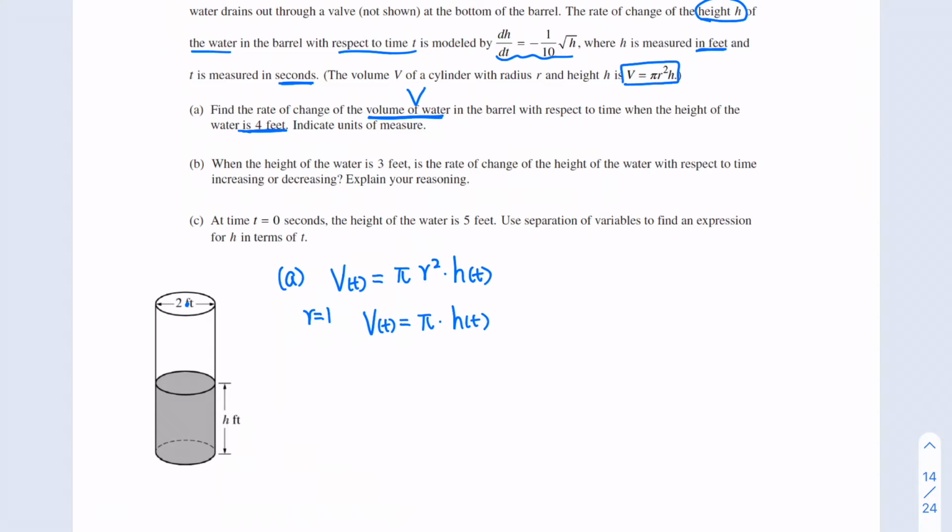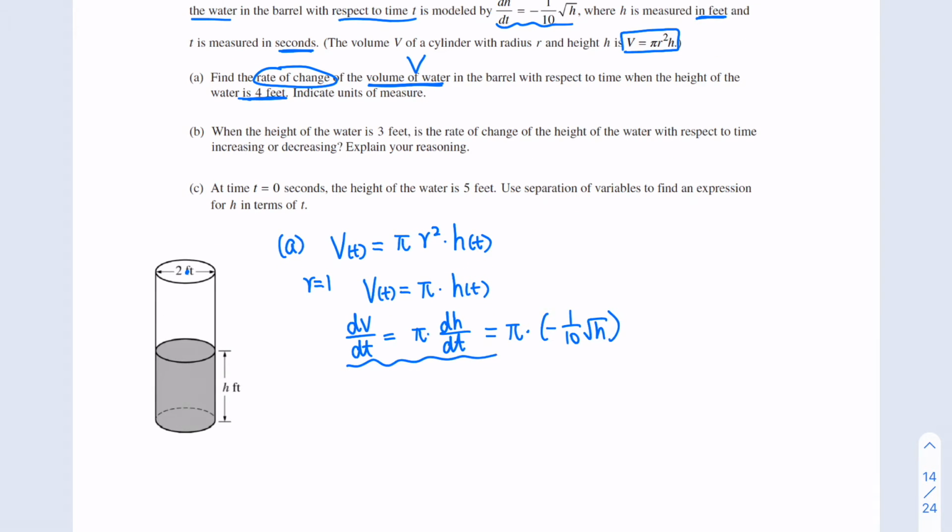When we take the derivative, we want to find the rate of change of V, so it's dV over dt. We take the derivative with respect to t on both sides. Now we can plug in dh over dt, negative 1 over 10 square root of h.